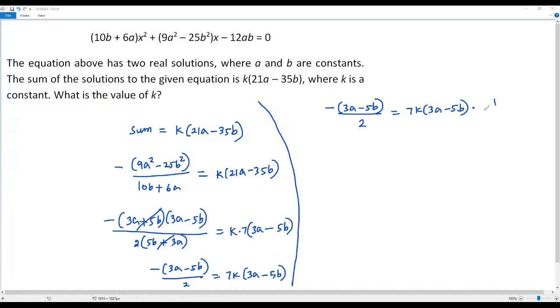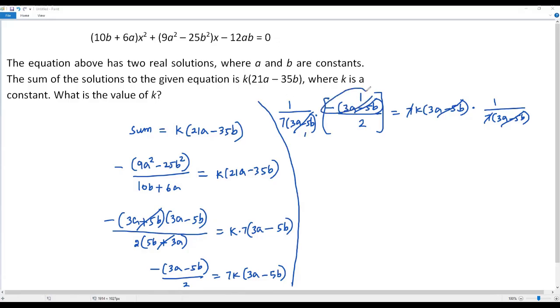For that, let me multiply both sides of this equation by 1/(7(3a − 5b)), doing the same on the left side as well. Here the 7 will cancel out, and the (3a − 5b) will cancel on both sides.